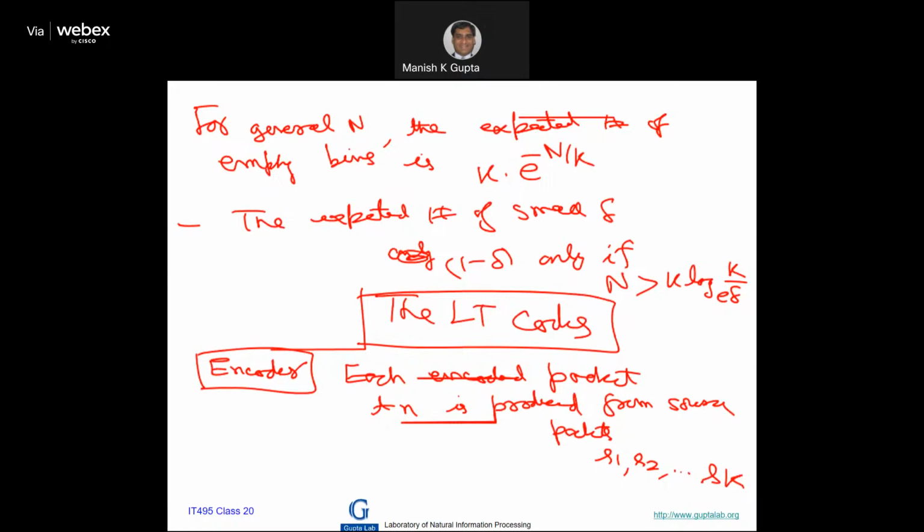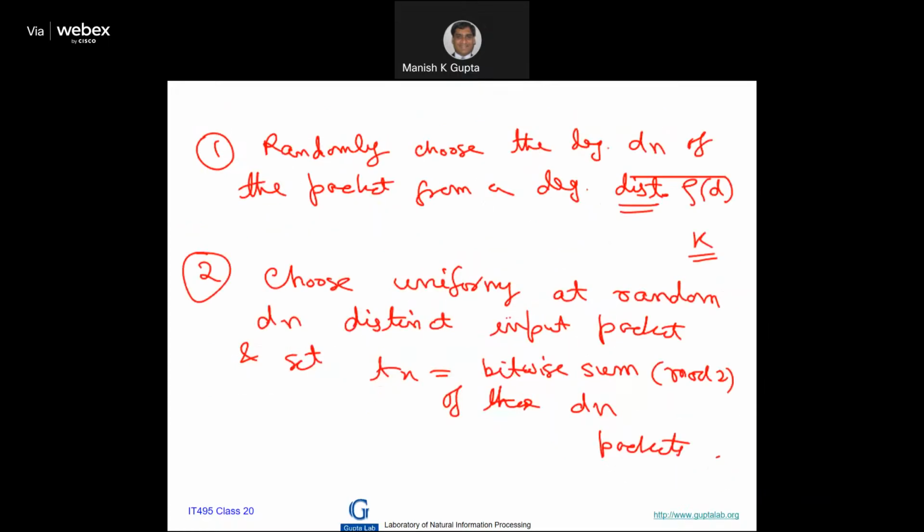As follows. We randomly choose a degree Dn from the degree distribution rho of D. This linear combination degree is chosen randomly as per some discrete probability distribution.